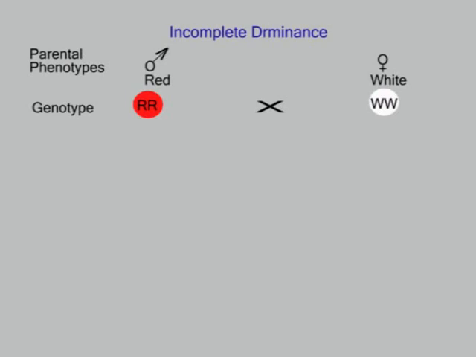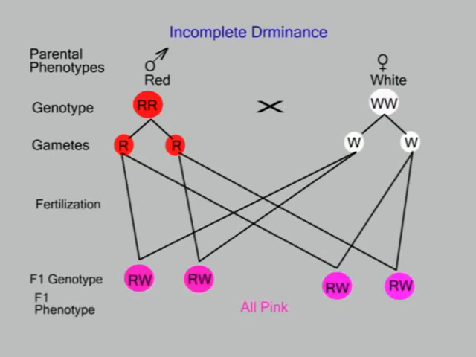Parental genotype: RR and WW. Gametes: after segregation, we have the gamete R, 2 of them, and then on the female side we have W. The fertilization fusion of both will produce RW for all the 4 offspring of the F1 generation. Now, the RW genotype of the F1 generation represents neither the red nor white, but pink.